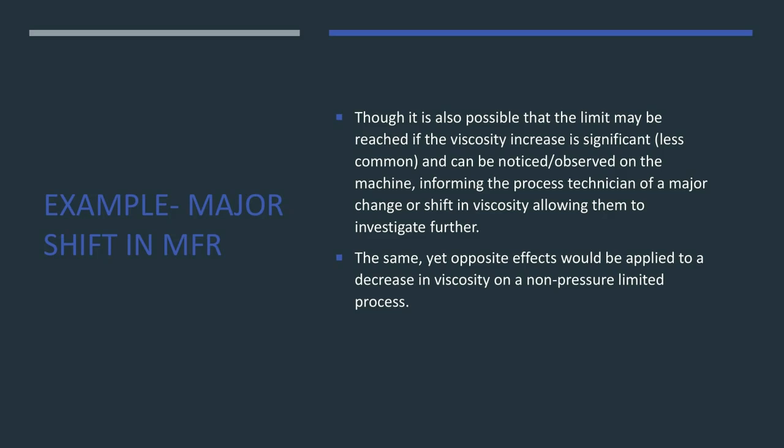It is also possible that the limit may be reached if the viscosity increase is significant, even though that's less common. It can be noticed and observed on the machine, informing the process tech of a major change or shift in viscosity. The same yet opposite effects would apply to a decrease in viscosity on a non-pressure limited process.